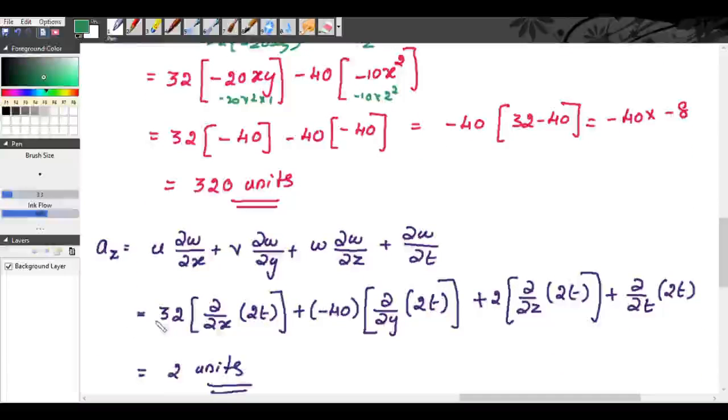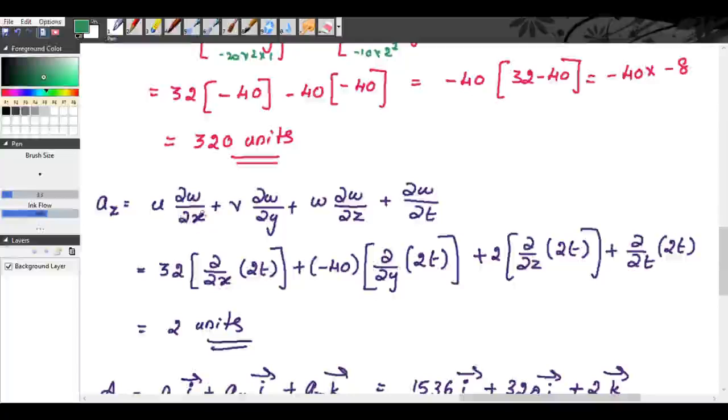Similarly, az is equal to u into ∂w/∂x plus v into ∂w/∂y plus w into ∂w/∂z plus ∂w/∂t. So u is 32, ∂/∂x of w is 2t, plus v is minus 40 into ∂/∂y of w which is 2t, plus w is 2, ∂/∂z of w which is 2t, plus ∂/∂t of 2t.